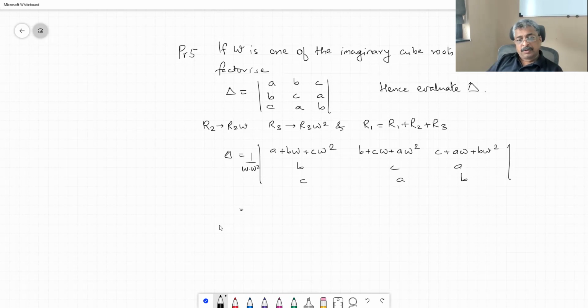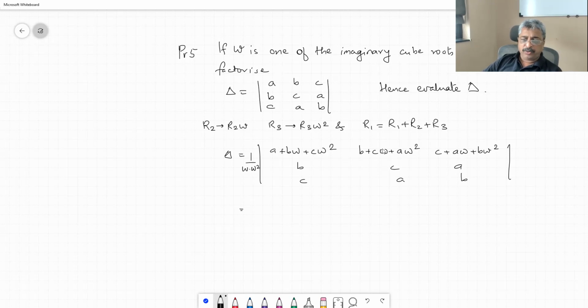Okay. Now I have to take out common, so I will make the first entry of column 2 and first entry of column 3 look like A plus B omega plus C omega square.